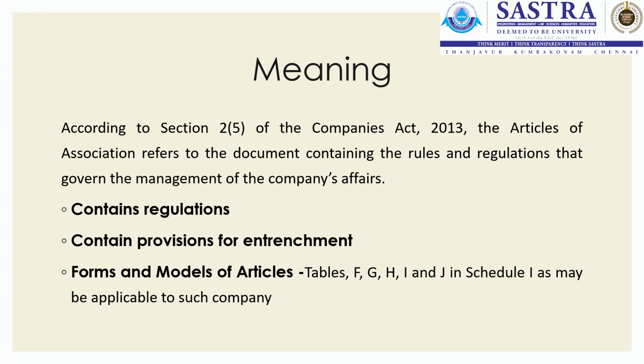Table H can be followed by a company with a guarantee, but which has share capital. Table I, model of article of association, can be followed by a company limited by guarantee as well as limited by shares. An unlimited company can follow the Table J model of article of association.